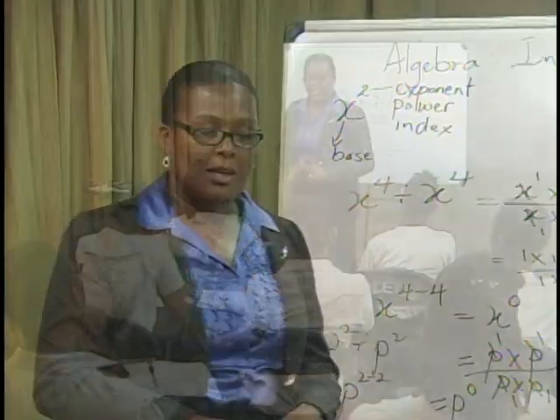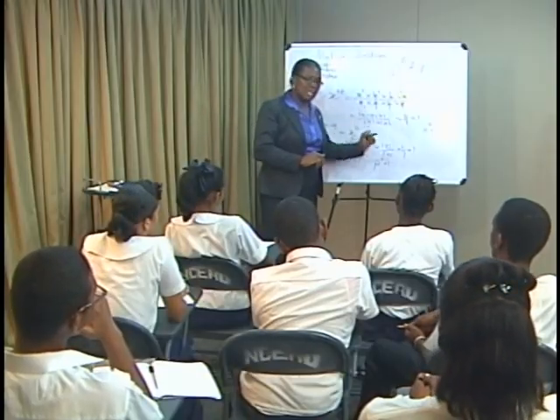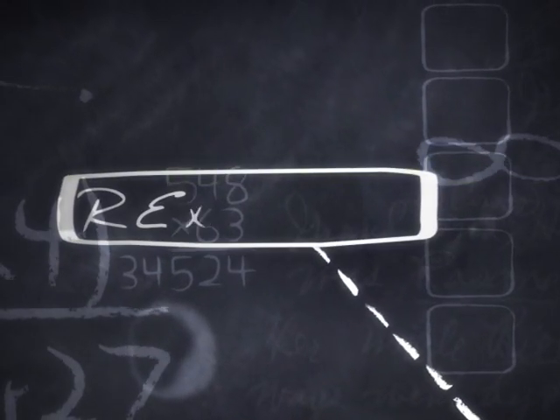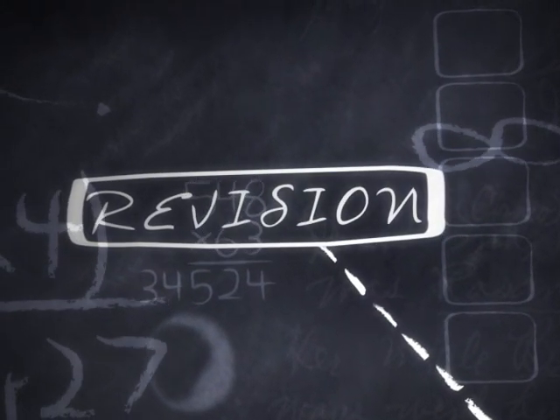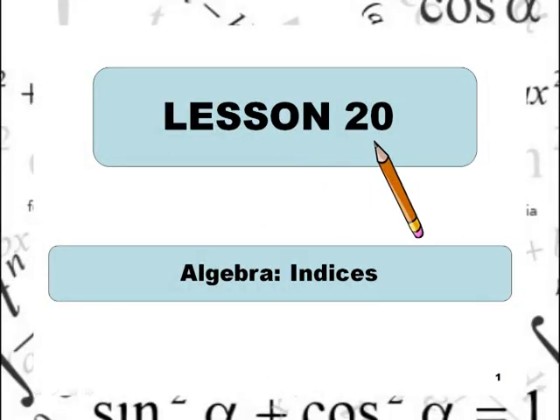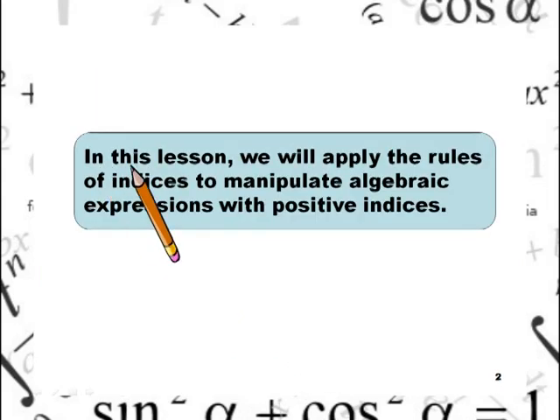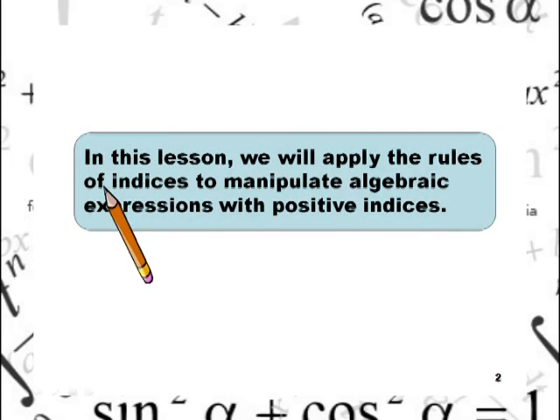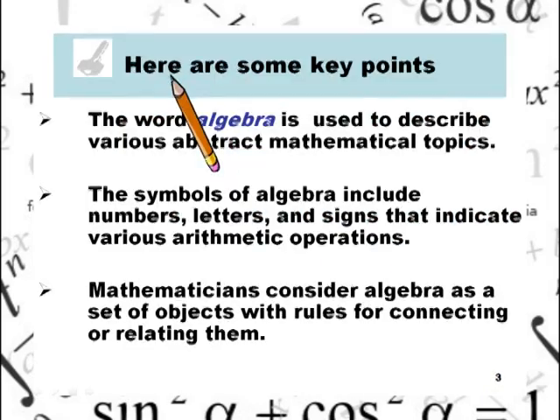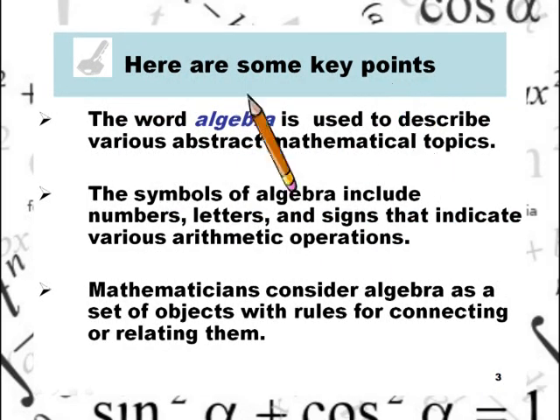Sorry. Now let us do some revision. Look here. Lesson 20, Algebra, Indices. In this lesson, we will apply the rules of indices to manipulate algebraic expressions with positive indices. Here are some key points.